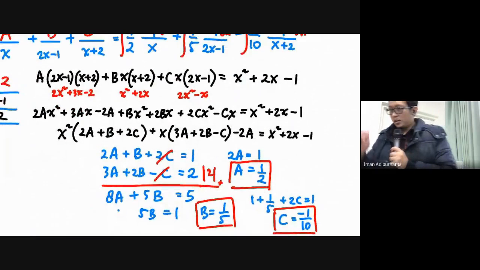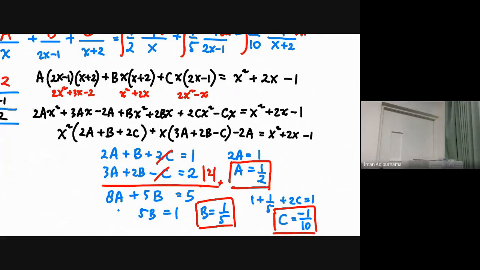So the important thing in partial fractions is this part actually, finding the A, B, C parts. But if you get A, B, C, don't forget to put them back into the equation and integrate. Okay? Because it's not finished yet.